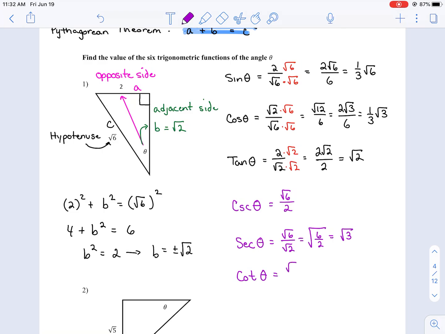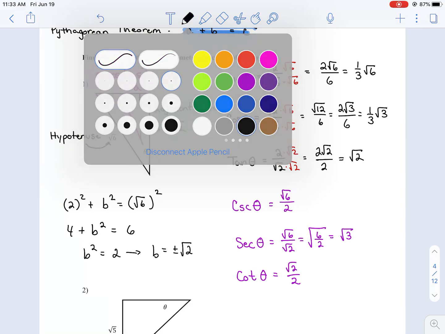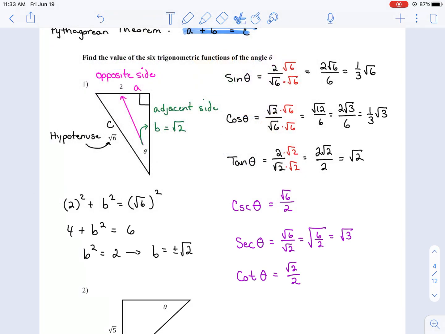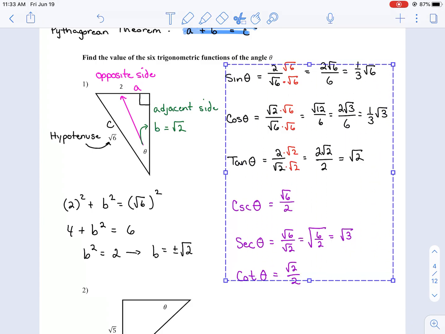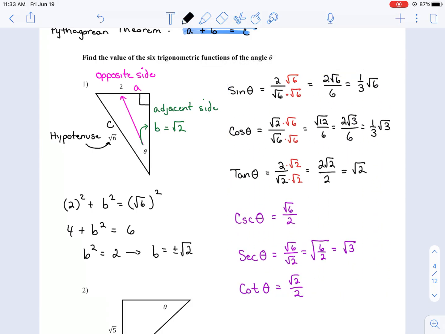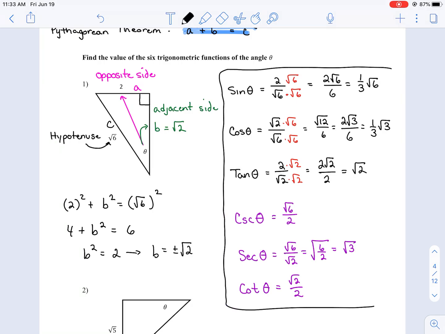So that would be the square root of 2 divided by 2. And now you have the value of all 6 trigonometric functions given that specific right triangle.